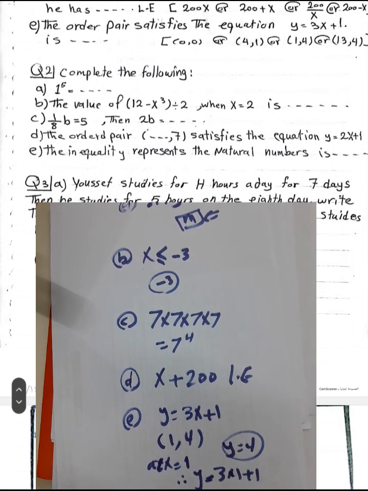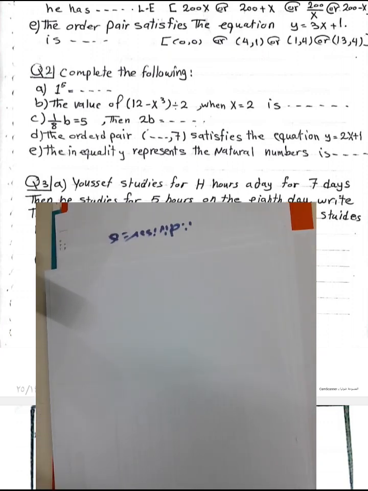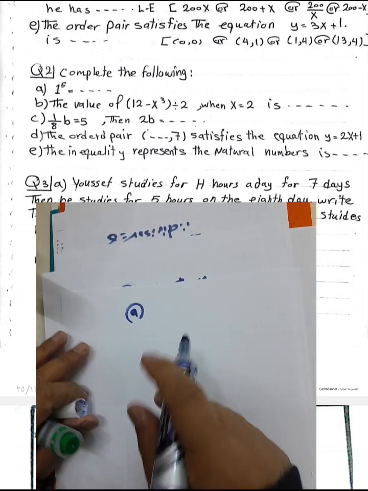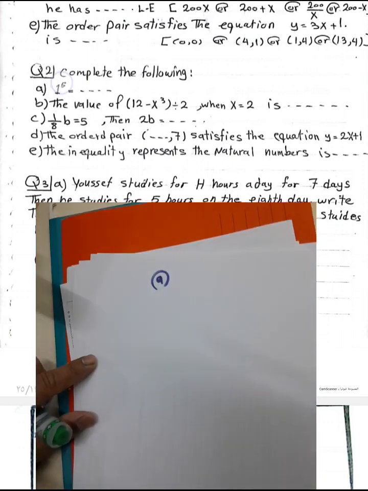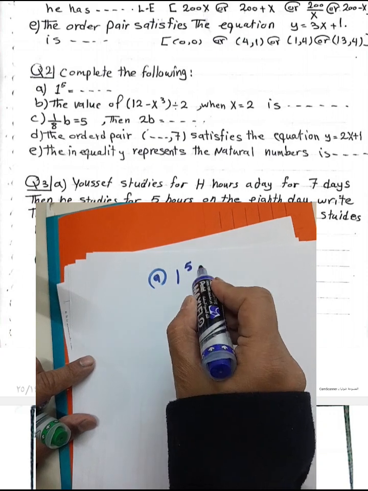Question number 2. Complete. Letter A. 1 power 5 will be 1.